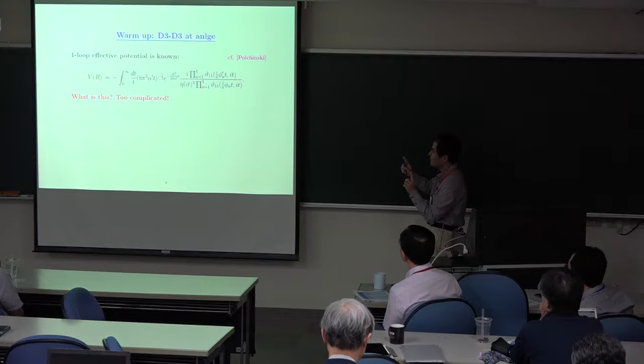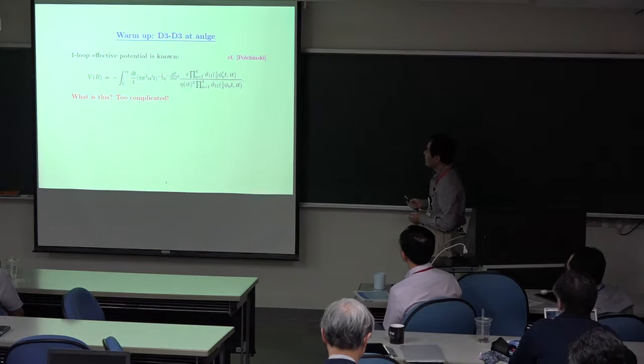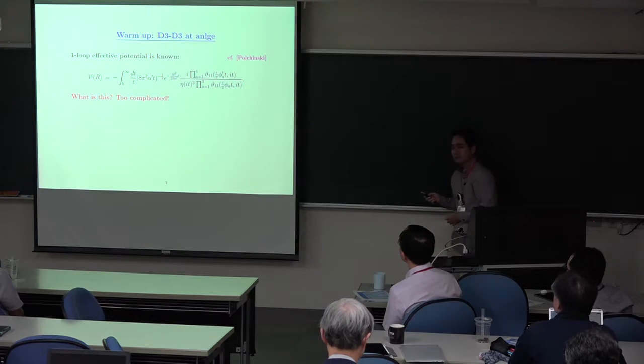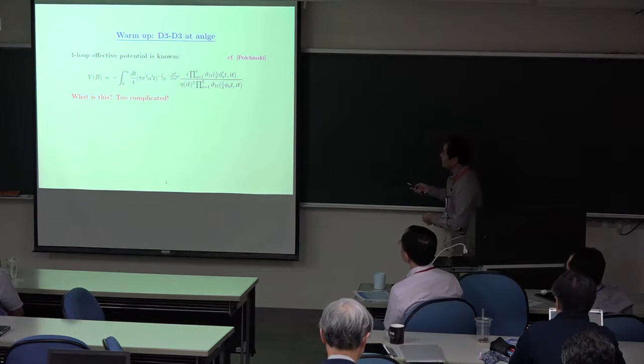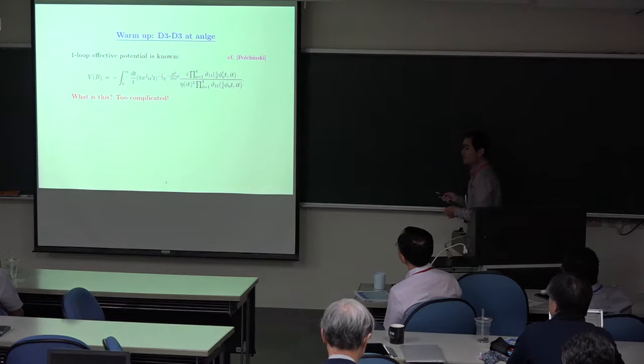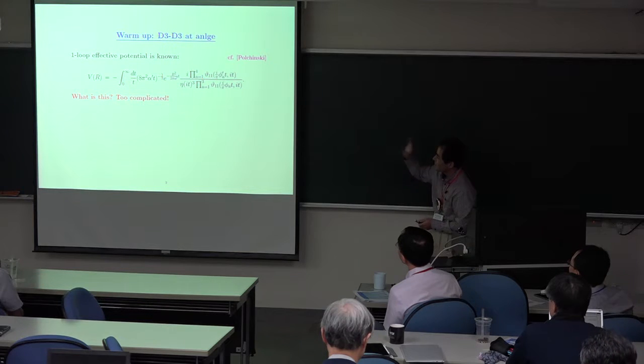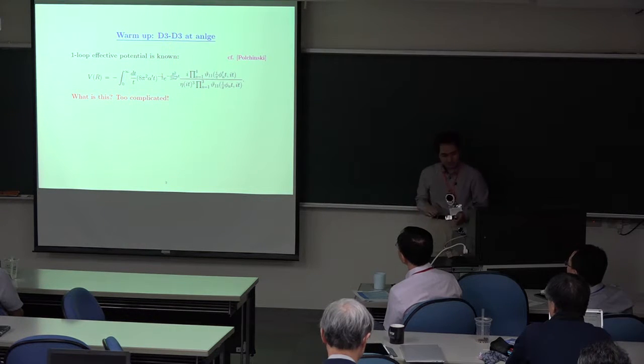Okay, a static configuration, but with some D-Branes at angle. If you look at Polchinski's textbook, you can find a formula like this. This is a very short expression, but still a rather complicated function. So let's see what kind of function it is.